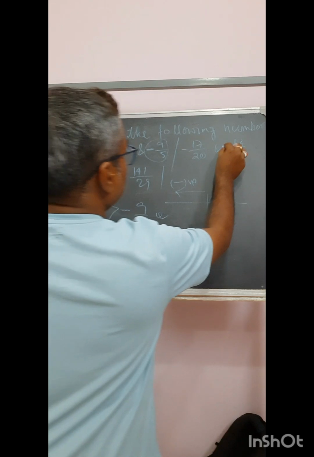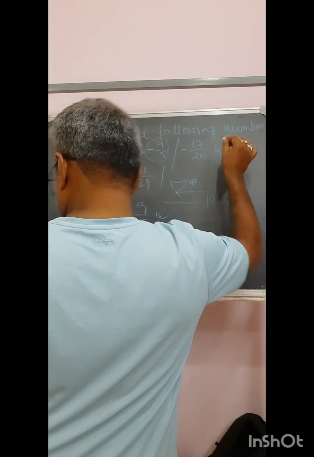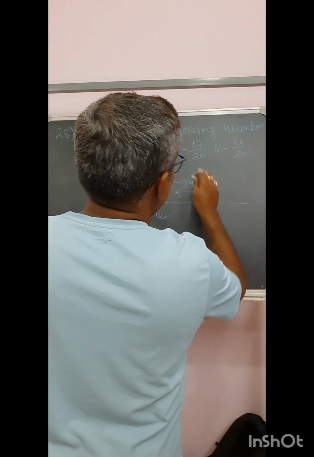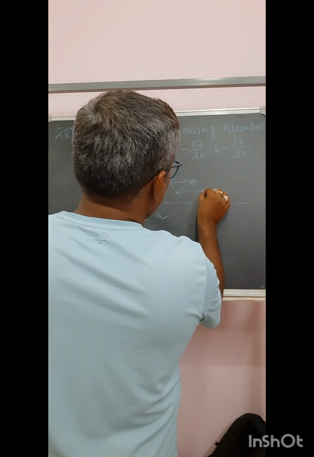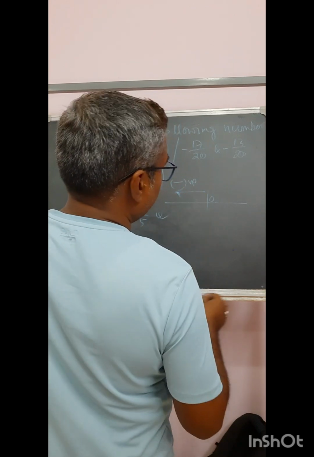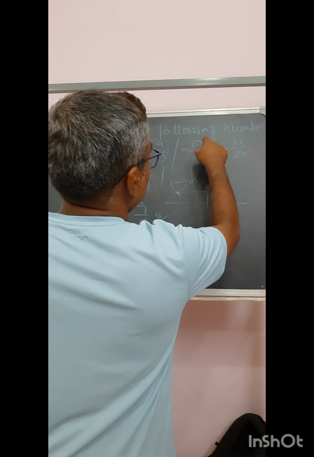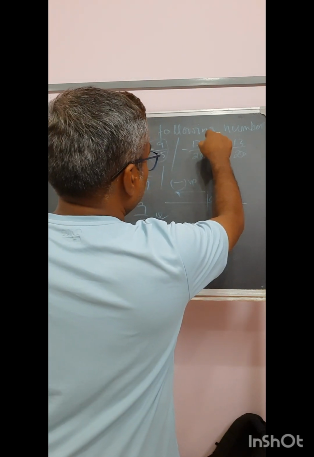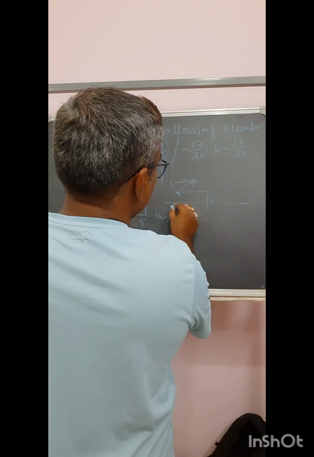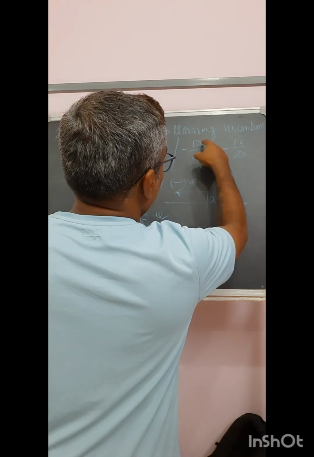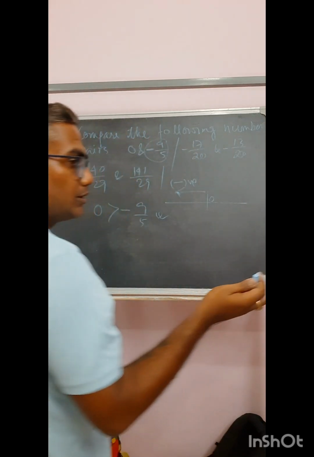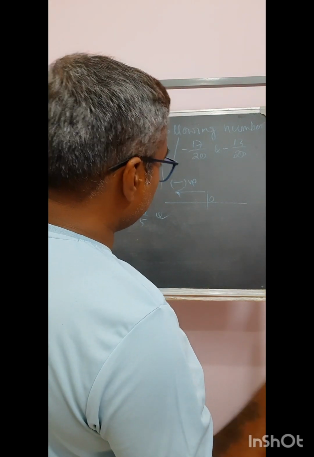And if I see this pair, both are negative in nature, but on the negative side the number grows lesser when the numerator increases. That means more value on the negative side will be a smaller number.